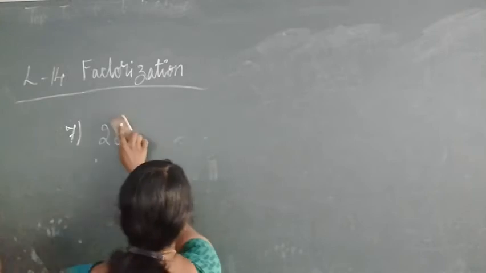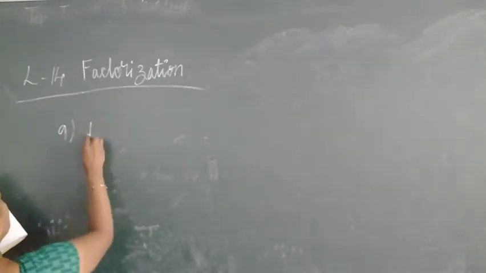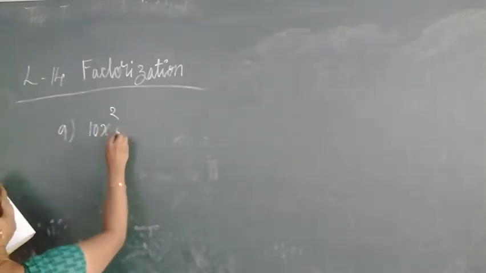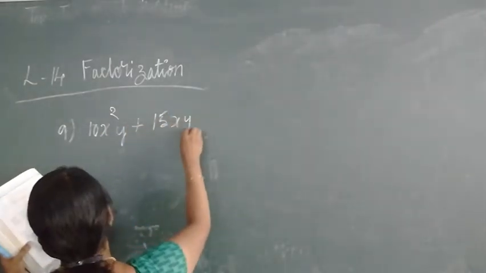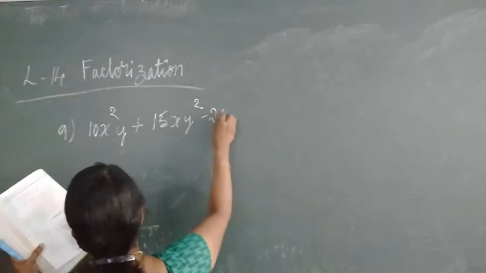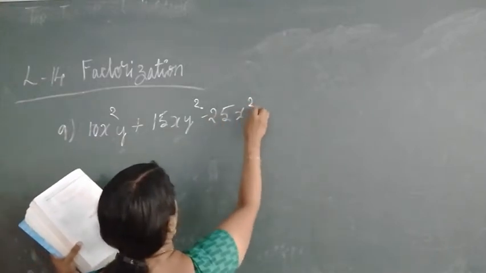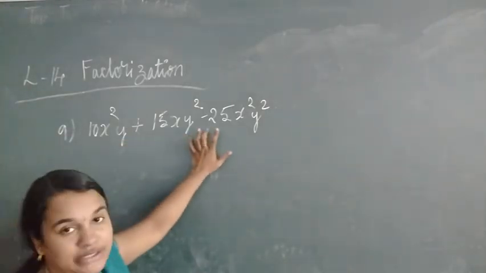Now question 8 is the homework. I will solve question number 9. x square y plus 15xy square minus 25x square y square. Children, here 10, 15 and 25 means 5.